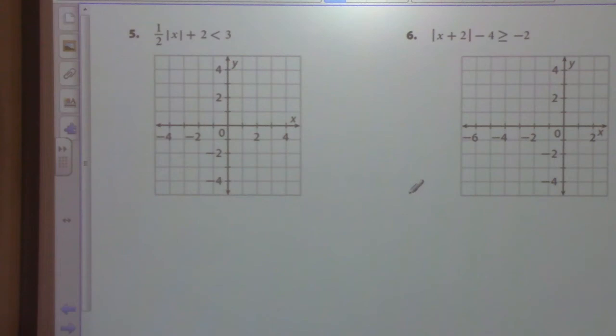Okay, did you work out this one too? Addie, what did you get for this one? -4 is less than or equal to x, and that's less than or equal to 0.